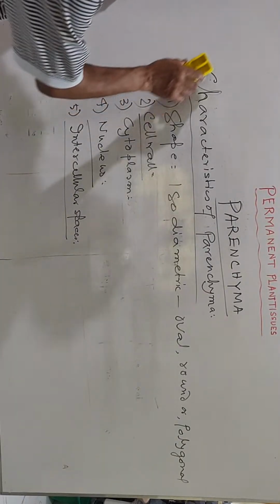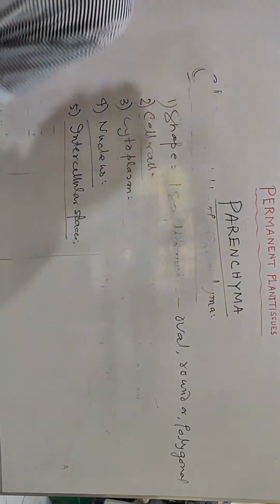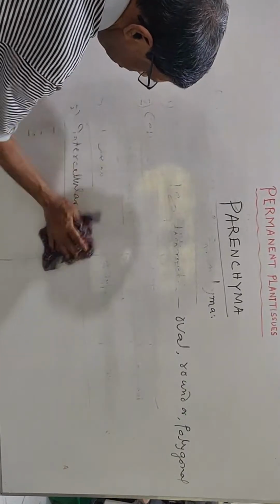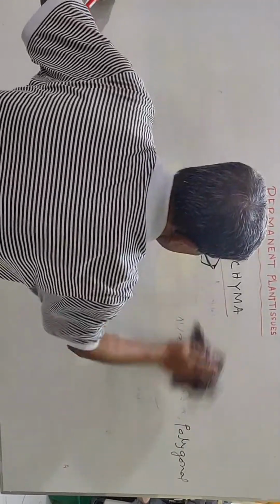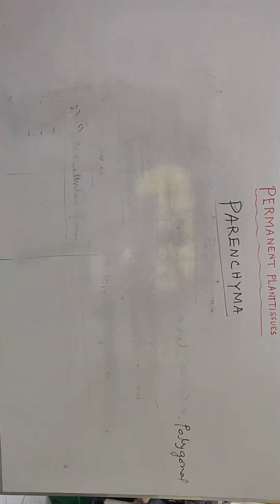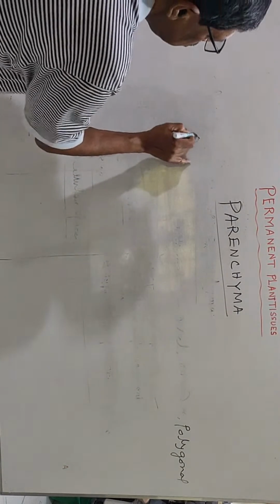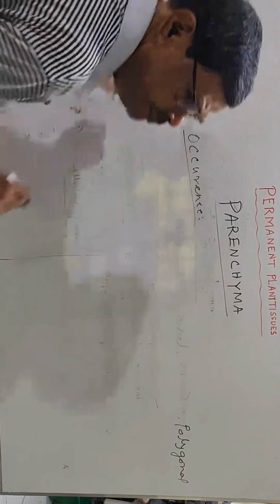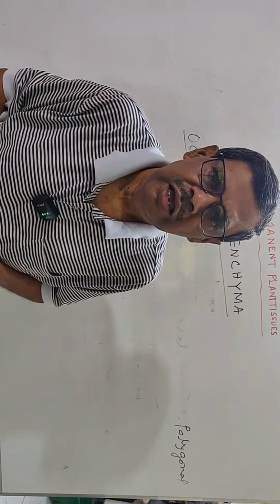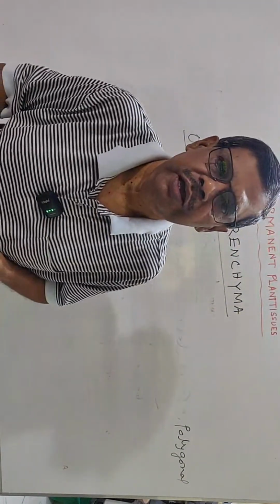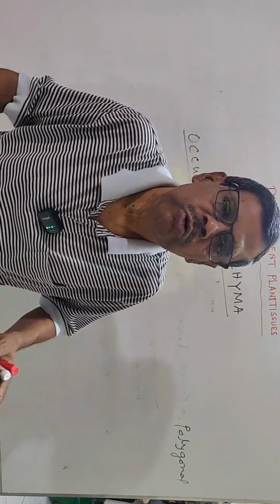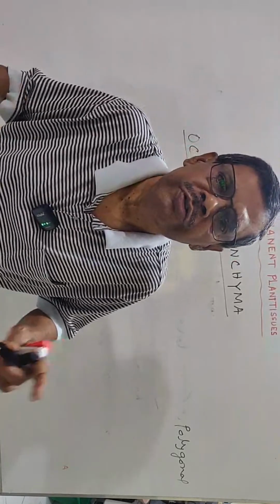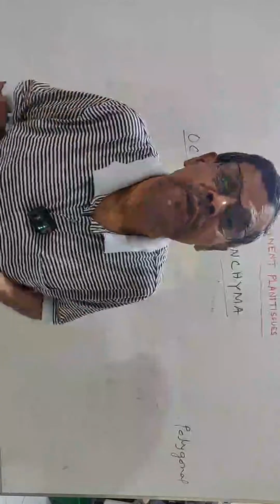After characteristics, occurrence. Occurrence of parenchyma. It is the basic tissue of the plant body, in all the parts of the plant body, that is the stem, leaves, root, fruits. There are several organs which are composed of parenchyma.